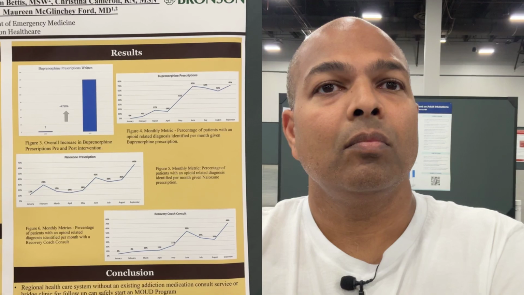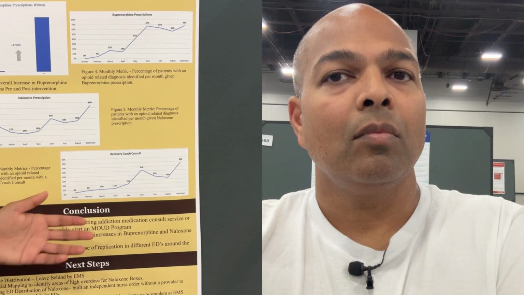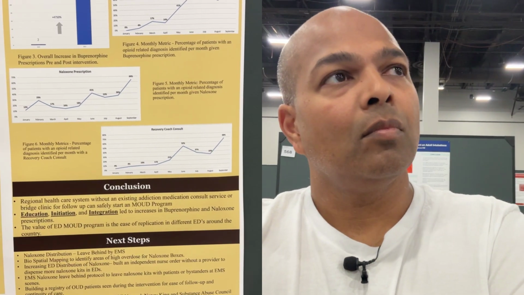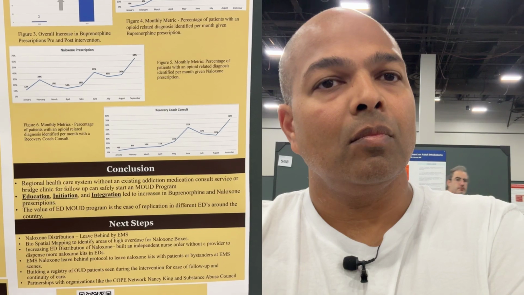Specifically, buprenorphine prescriptions went from basically 0% to about 68% of eligible patients receiving them. And then as well, naloxone prescriptions, continuity of care with recovery coach consults, as well as social work consults. This shows that with just a little bit of a push in a system like ours where we don't have that existing addiction support, you can really make a difference.